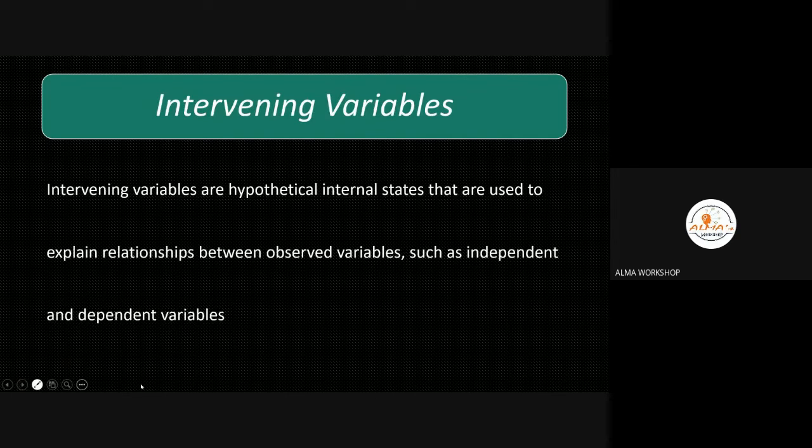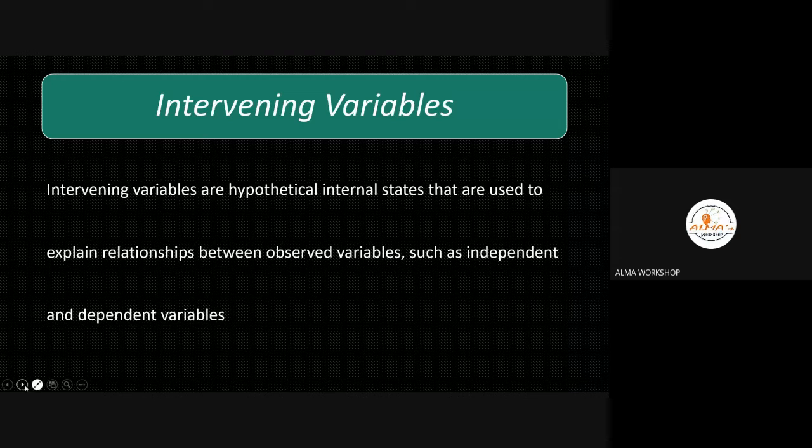So intervening variables already we studied. Intervening variables are nothing but your confounding variables, hypothetical internal states that are used to explain the relationship between the observed variables, such as independent. These variables, independent variables and dependent variables, are called as independent observed variables.